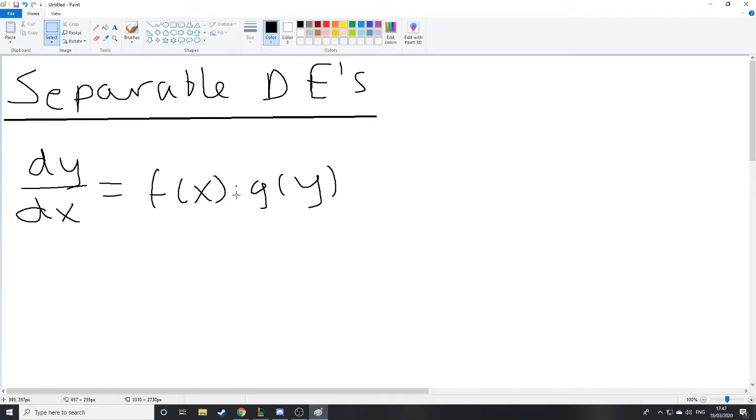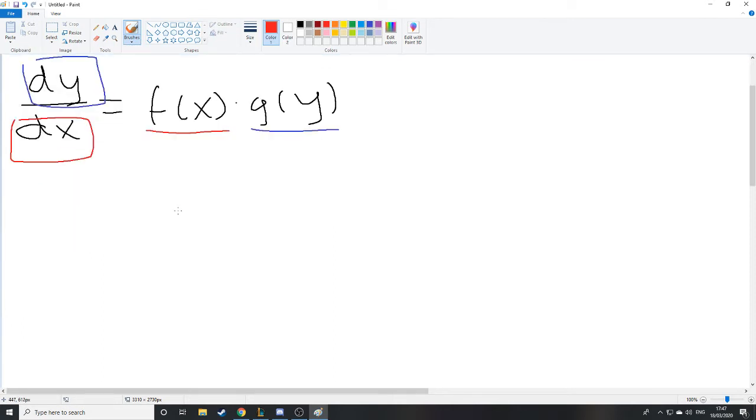Okay, so how do you solve an equation like this? Well, you want to get the function of y and dy on the same side, and the same with the function of x. So how are we going to do that?